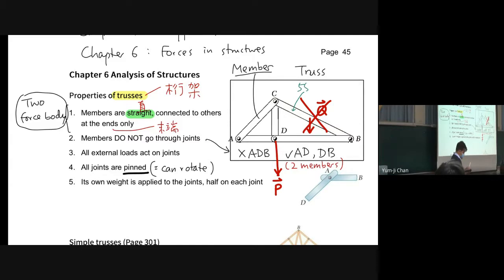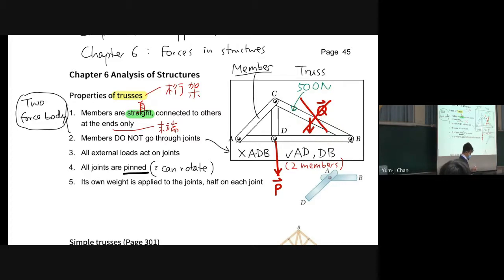If the weight of the member CB is 500 Newton, how should we draw it on the free-body diagram? Because we don't have external forces acting at the middle, right? We don't have external forces acting at the middle.